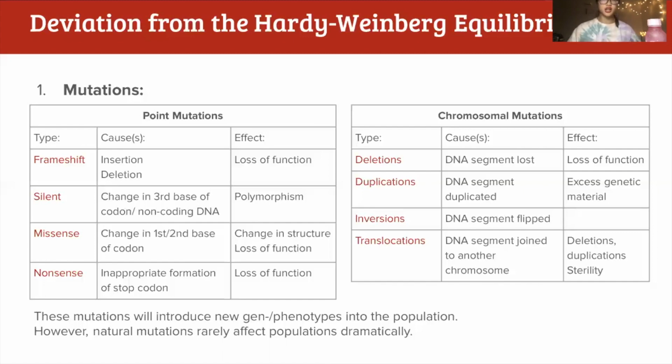All right. Silent mutations. On the other hand, if you have your three bases in a codon, the first one, second one, important. The third one, not so much, right?